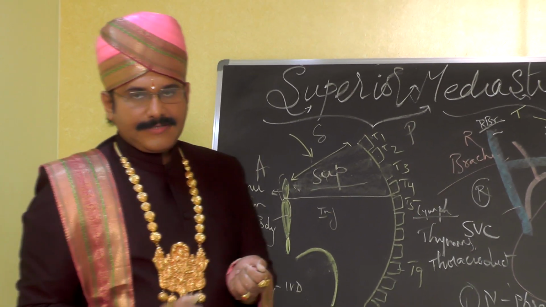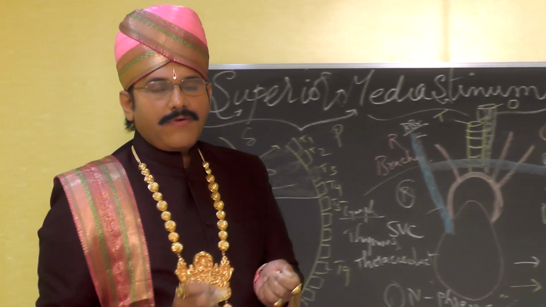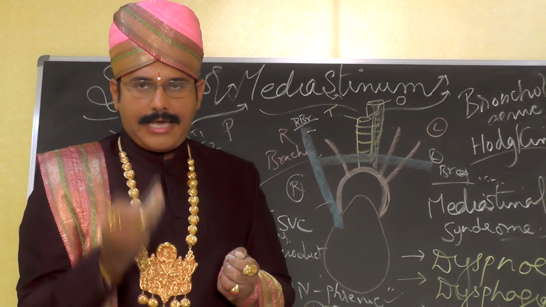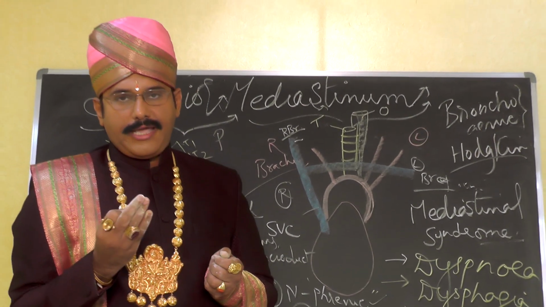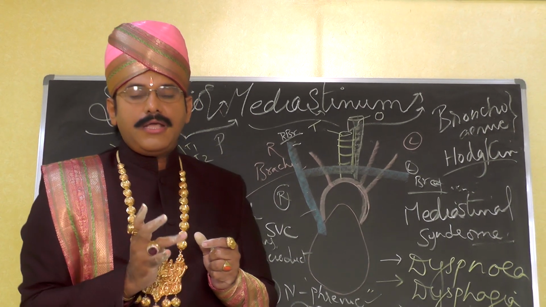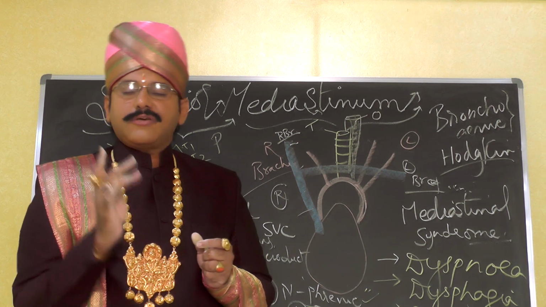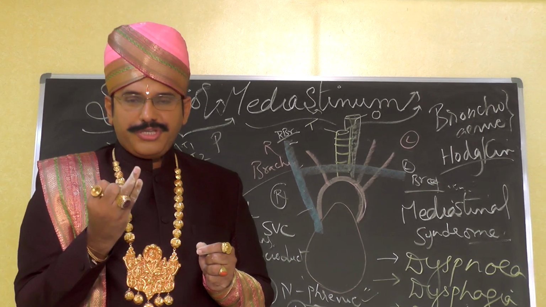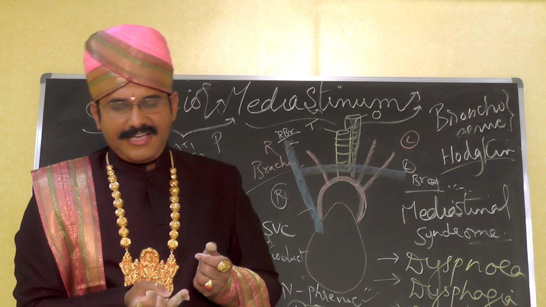Now coming to the contents of the superior mediastinum. We have got the muscles: the origins of sternohyoid and sternothyroid and small portions of longus colli are present. We are having two tubes, trachea and esophagus.